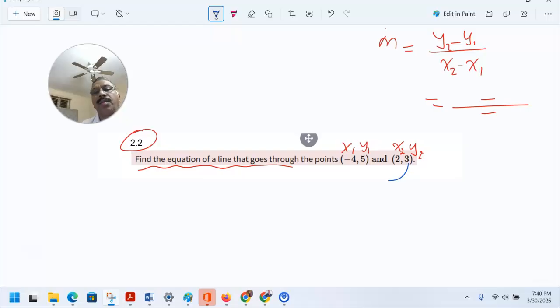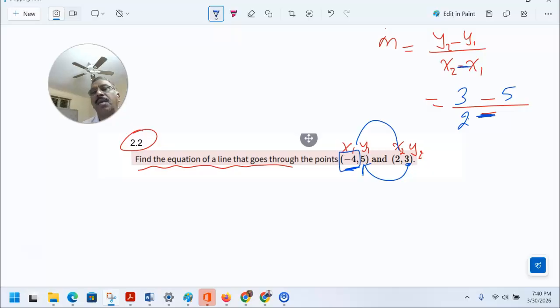So y2 is 3, and you have to subtract 5. So this will be 3 and this will be 5. And x2 is 2. Be careful here, x1 is -4, and there's a minus already by default from the formula.